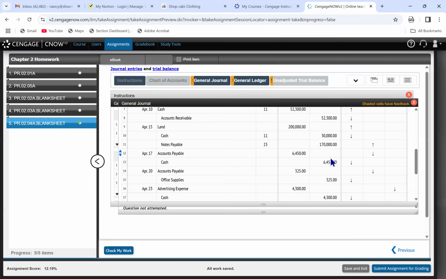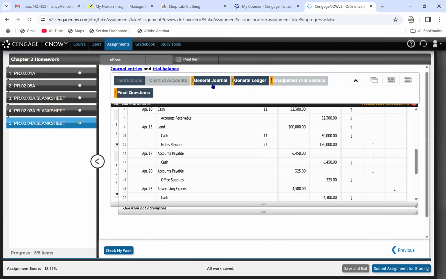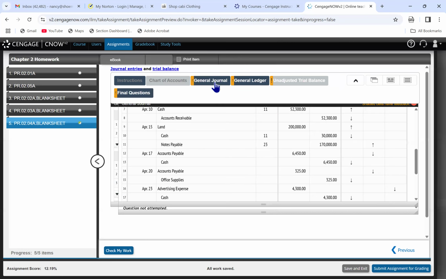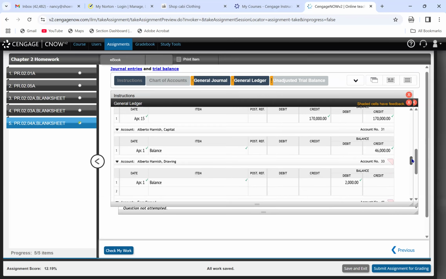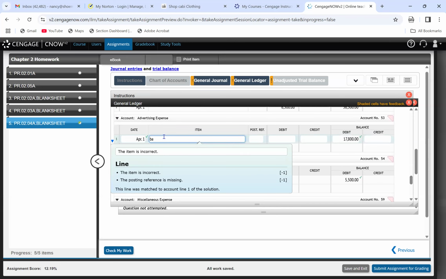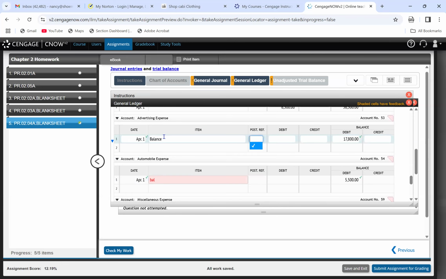Then we've got advertising expense of 4,300. This date is April 23rd. Advertising expense 4,300, April 23rd, 4,300. I'll come up with a new balance here. The 17,800 plus the 4,300 is 22,100.